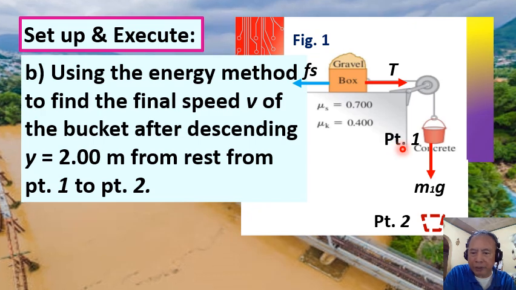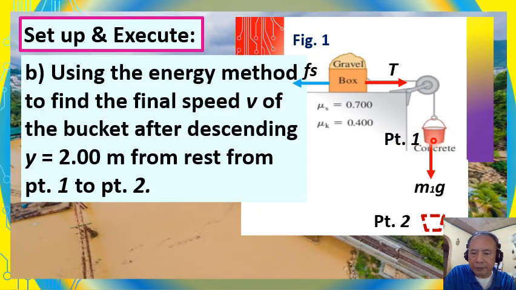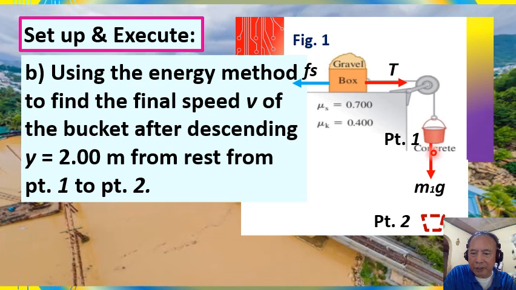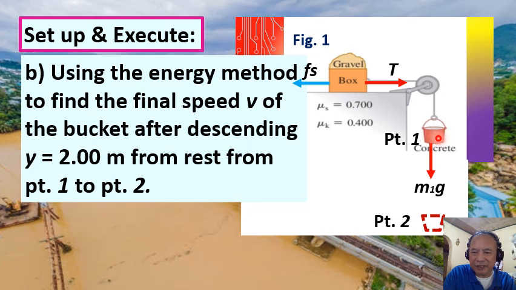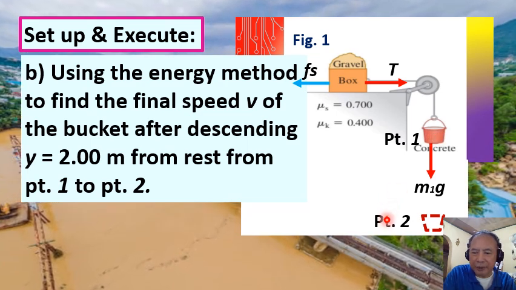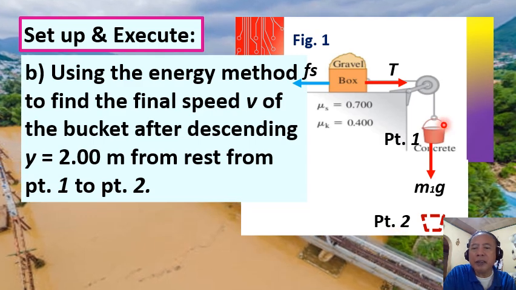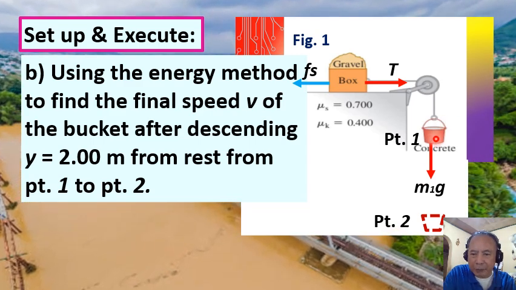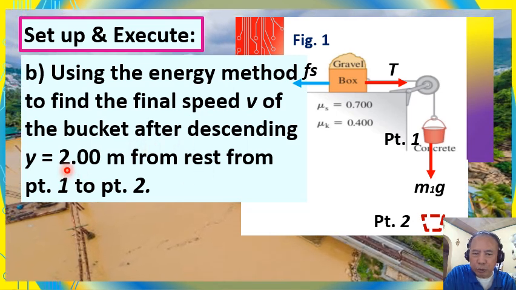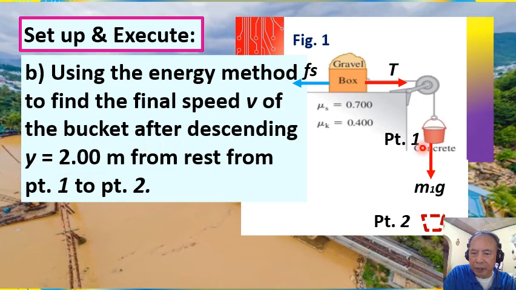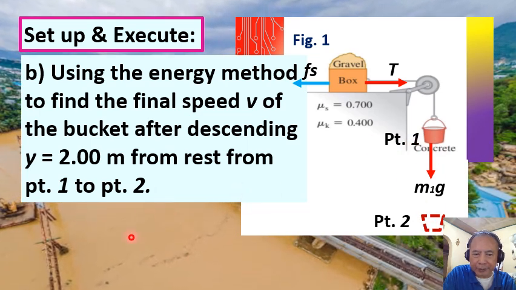So point 1 means the instant when the bucket of concrete is still at rest, while point 2 is the point when the bucket has descended a vertical distance of 2.00 meters from rest, that is from point 1, right?